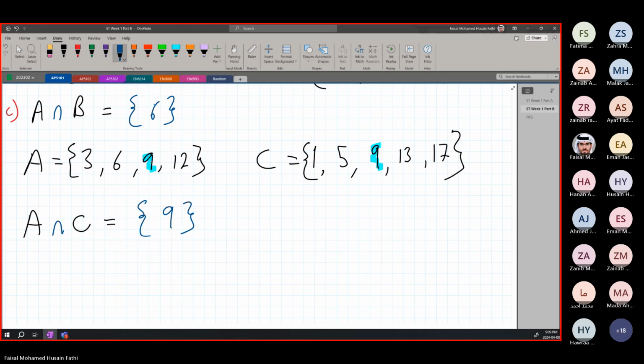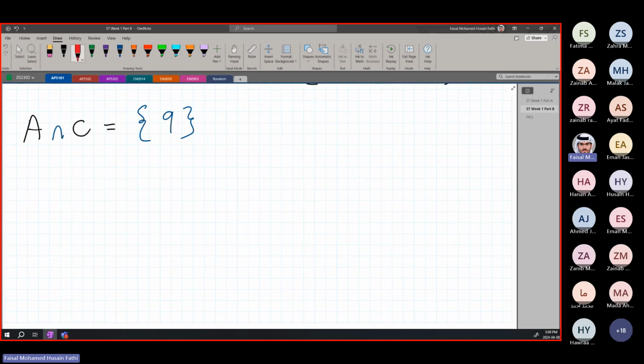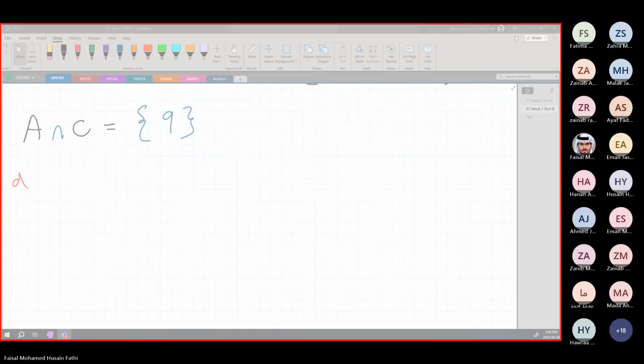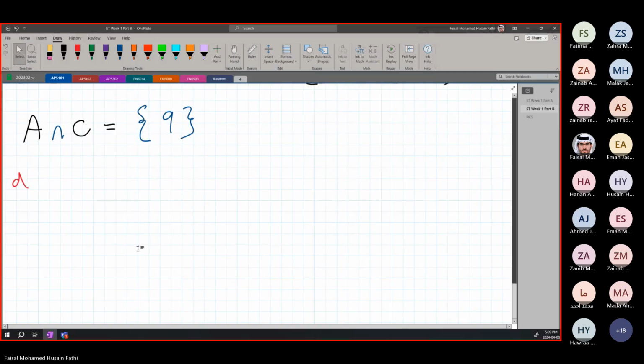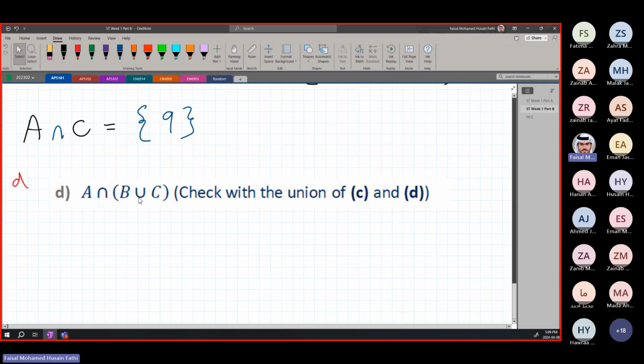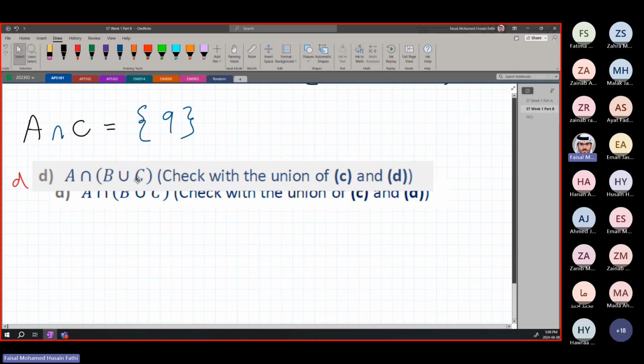Now, we can do part D. I'm just going to copy paste it from here. Part D is A intersection (B union C). So this is what we're going to do.